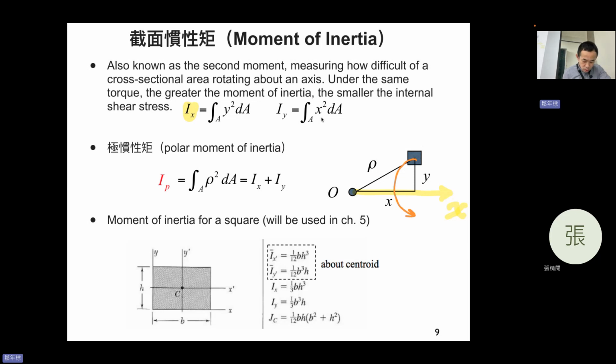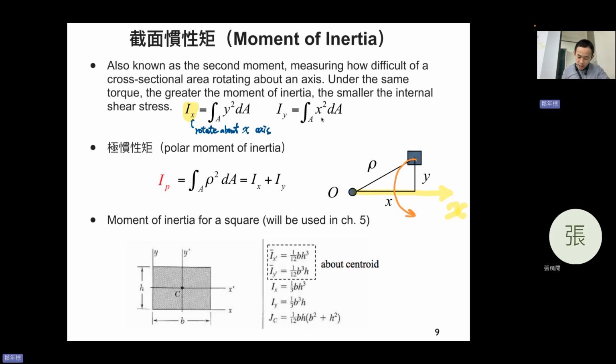The greater the difficulty, the harder it is to rotate. I will give you a really solid example later. You will understand that, don't worry.